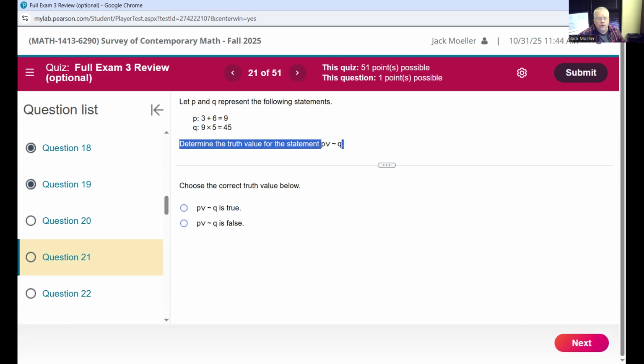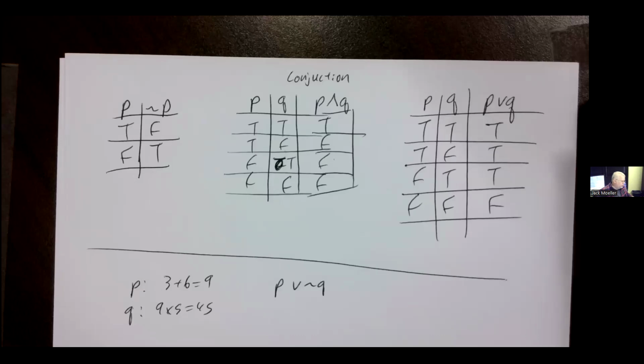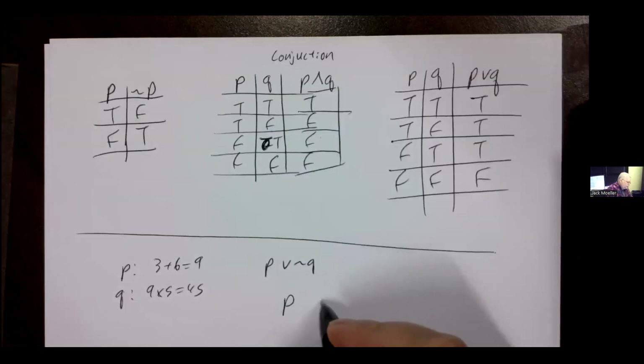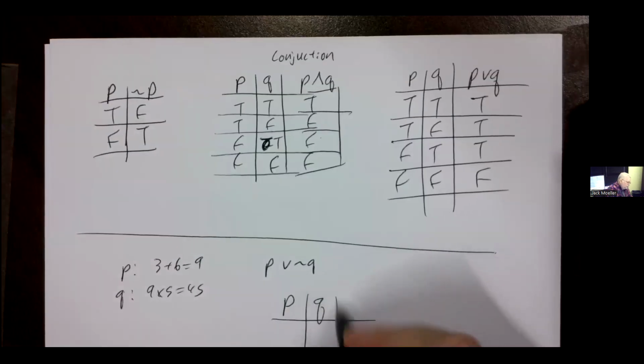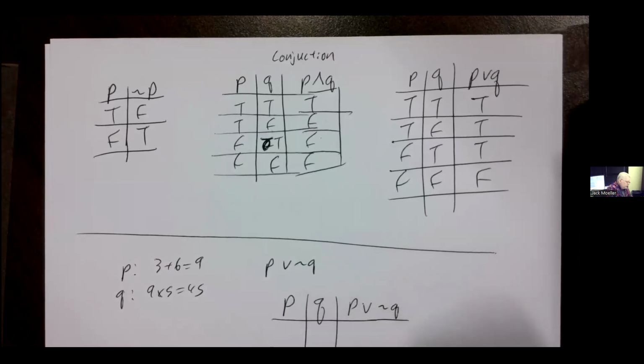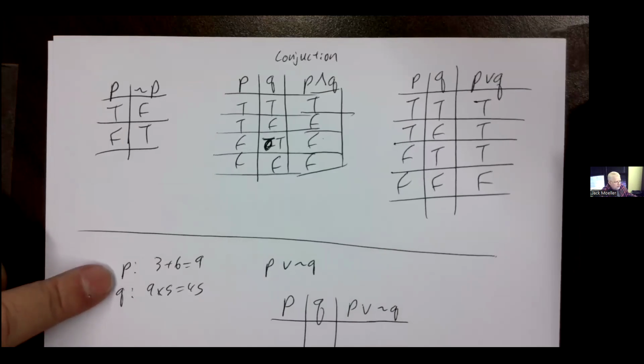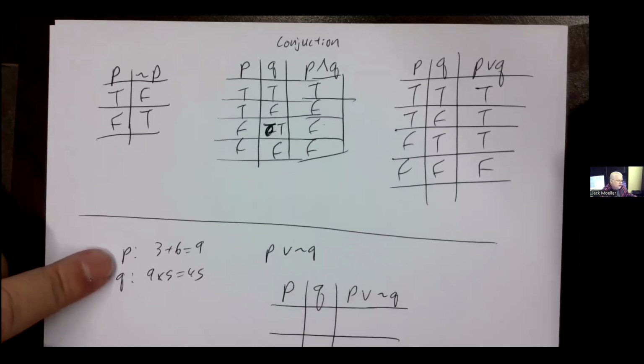So how do we determine the truth value? What does that mean? Well, this is basically doing one row of a truth table. The reason we only have to do one row is that we're given these statements. 3 plus 6 equals 9, we know that's true.